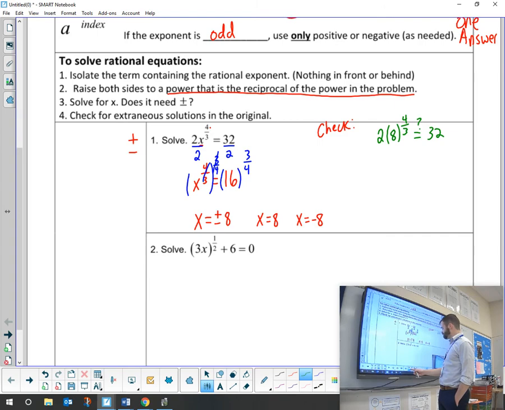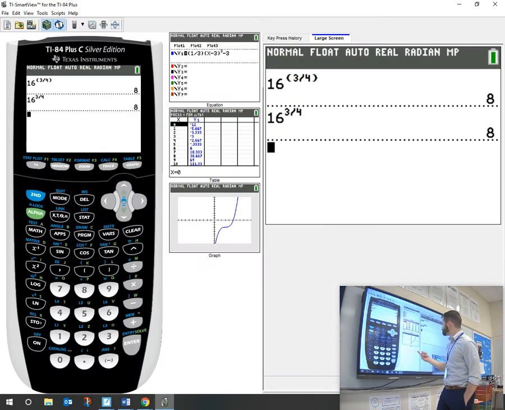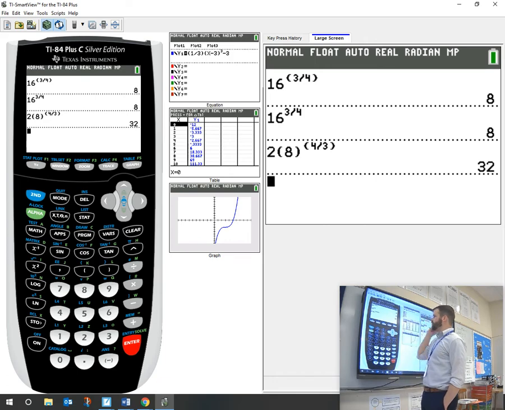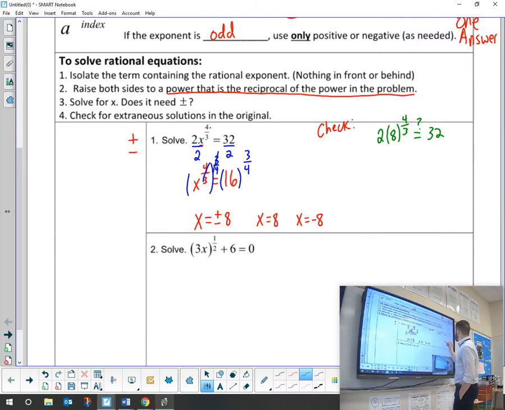Bring up my calculator, 2 times 8 to the 4/3 equals 32. Excellent. What about -8? What about the opposite, right? Because that's my other one. So this one checks out. It equals 32.